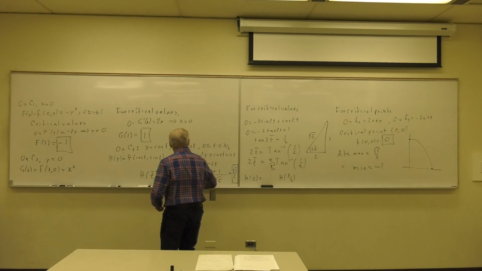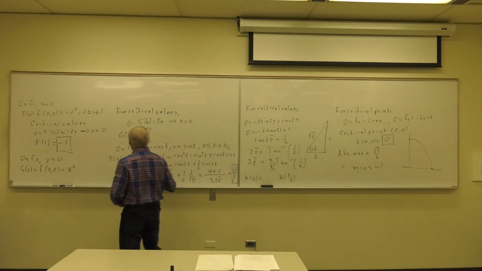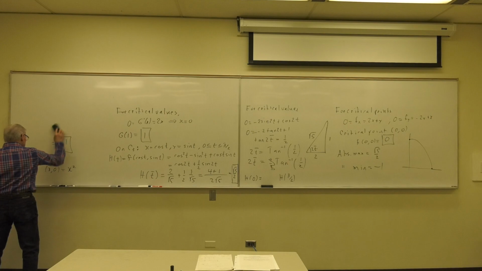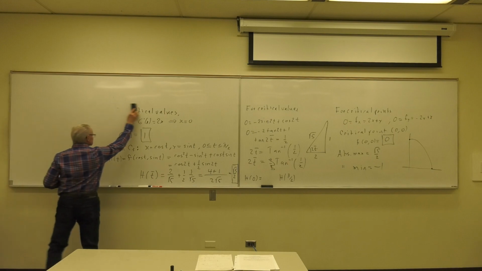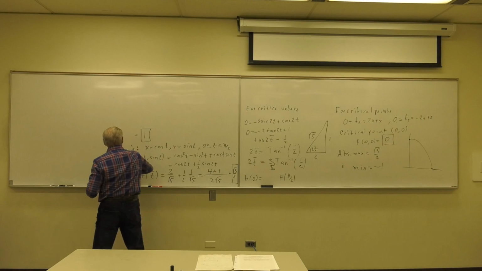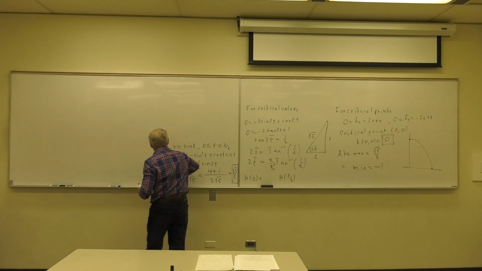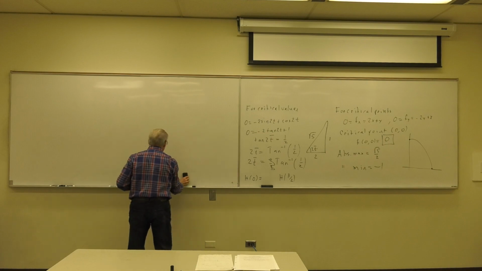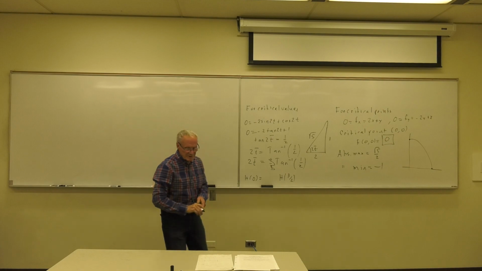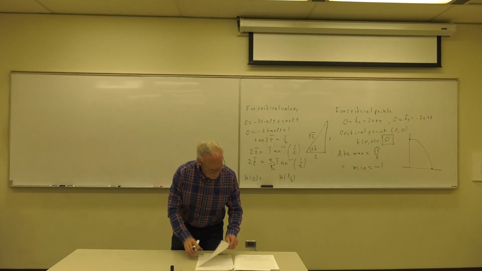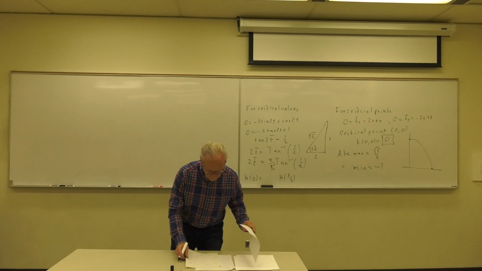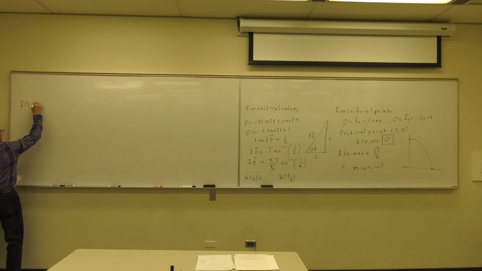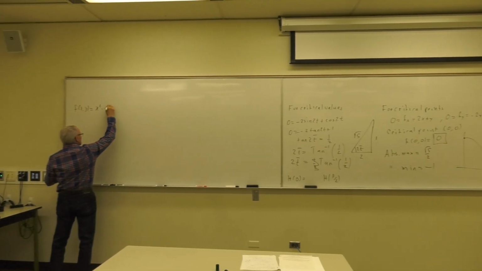Let me change this problem ever so slightly. Same function, but I'm going to change the region. So the function is exactly the same: f of x and y is equal to x squared minus y squared plus xy.